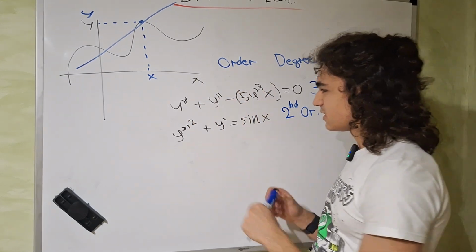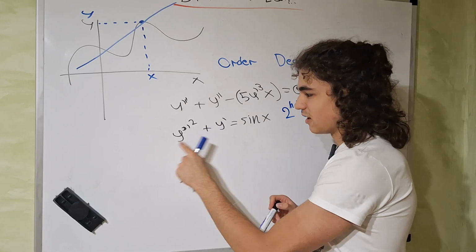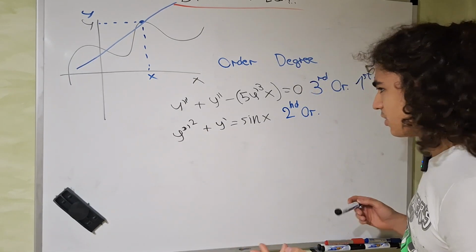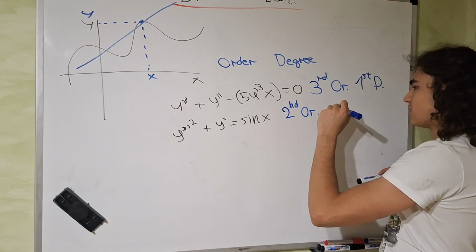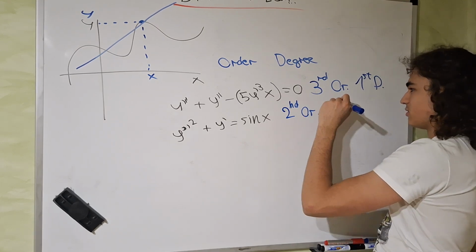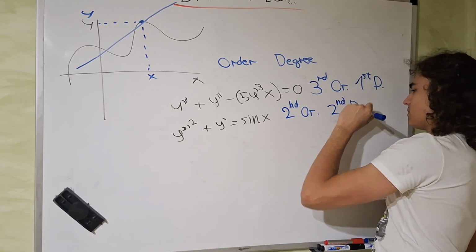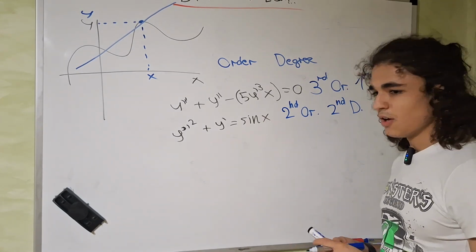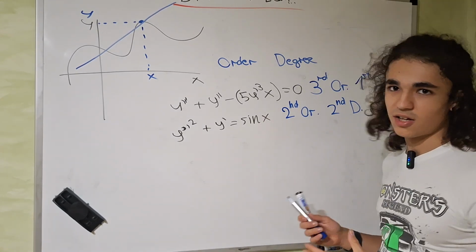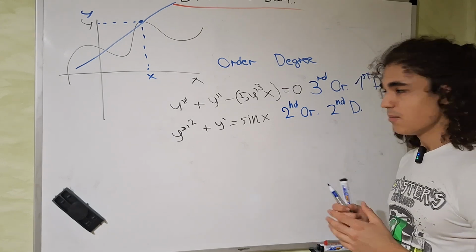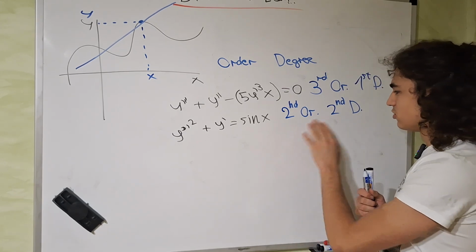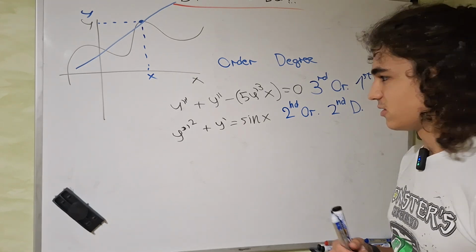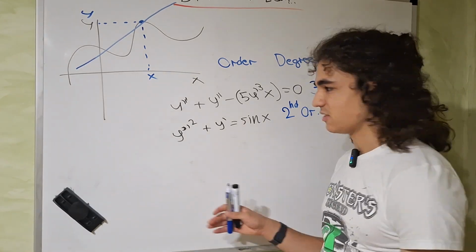In the second equation, instead, we have a 2 on the highest derivative. So this is a second order, second degree differential equation. Now, you may say, okay, these are all definitions. We're just learning some of the jargon associated with them, but they are going to be useful in other lessons. So please remember this fact.